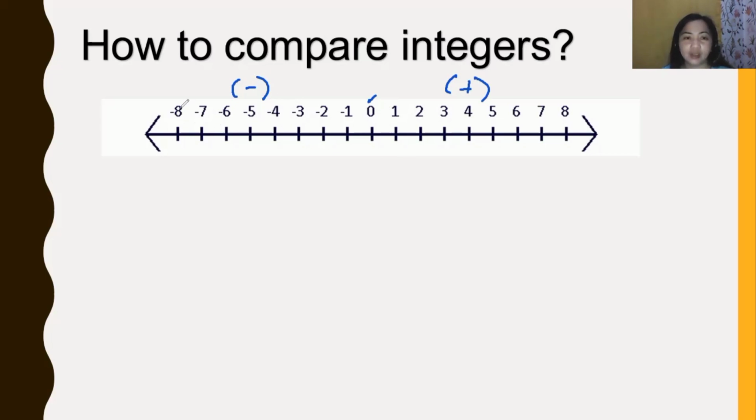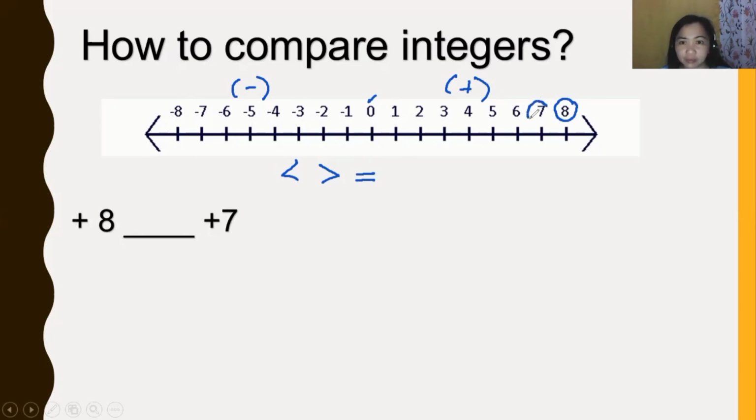So now, let's take a look of an example. So we have here positive 8 and positive 7. Let's compare. So we can compare two numbers using less than, greater than, or equal. Which do you think, what symbol do you think is the best answer for this?